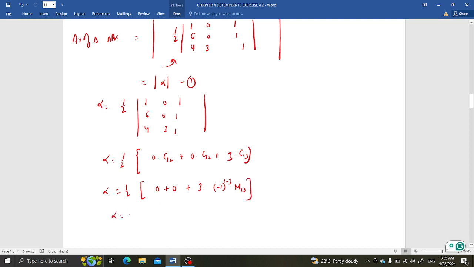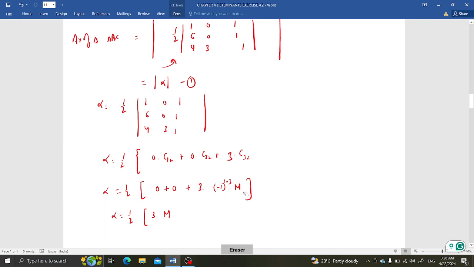Now alpha value will be equal to 1 by 2, 3 times minus 1 to the power, that will be a positive M13. What is M13? M13 is the minor corresponding to the element, this is not C13 actually, wait, this is C32, sorry for that.